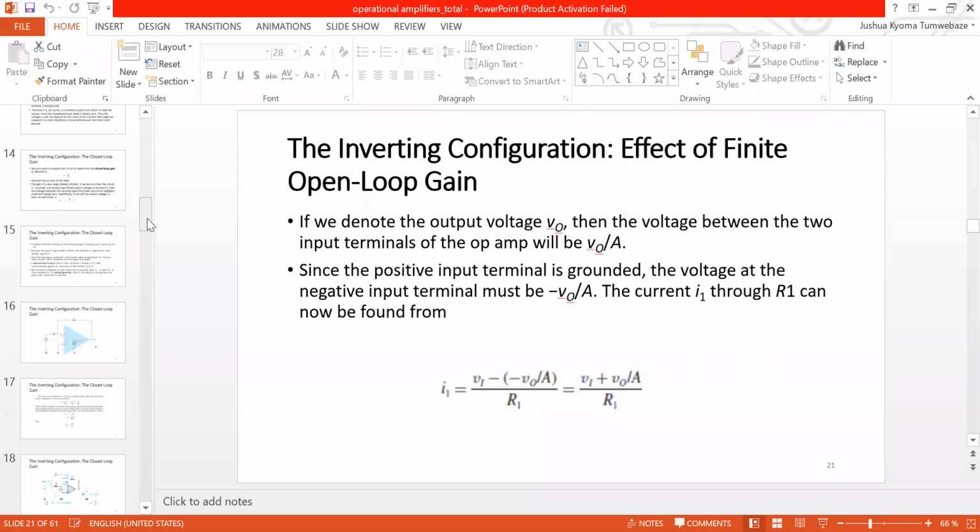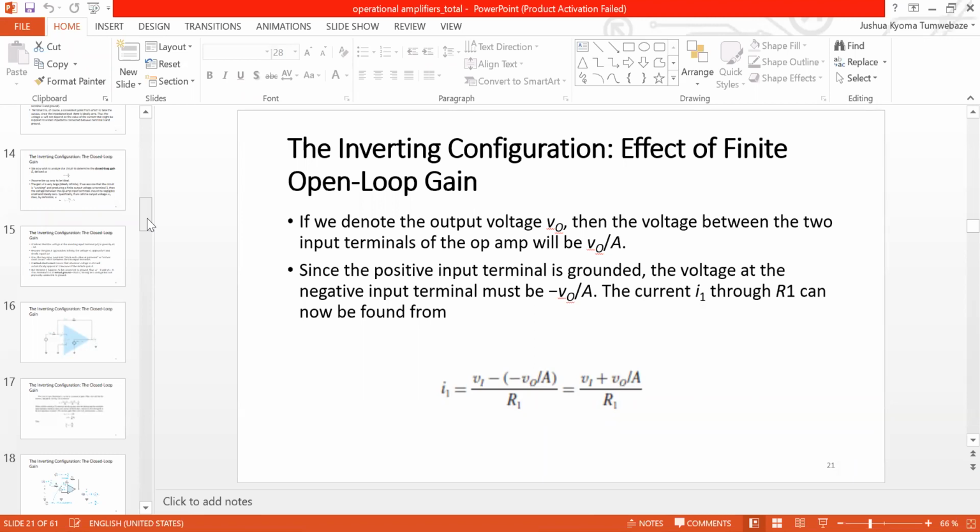So you don't need to worry about what V0 is at the moment, because what we're interested in is simply an expression. You'll see that we'll be able to collect like terms like in the previous case and obtain V0 over Vi.